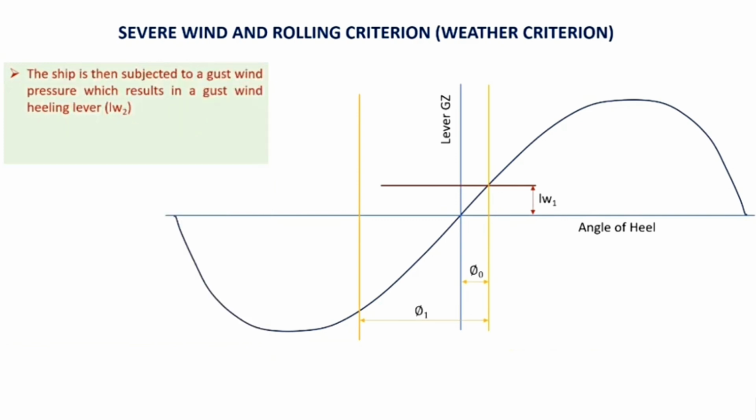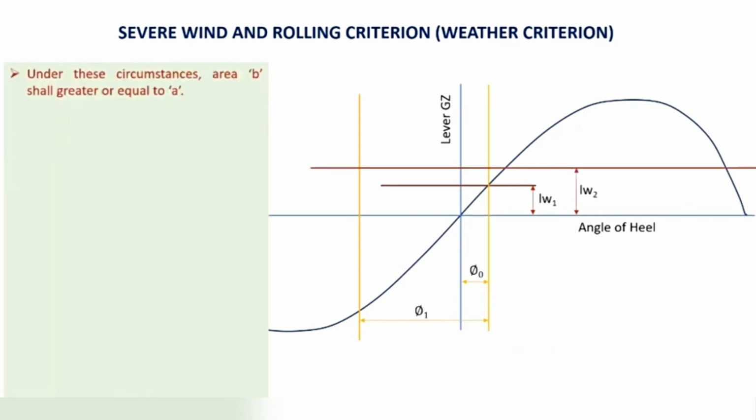The ship is then subjected to, immediately as the wave puts her into the wind, a gust wind pressure, which results in a wind lever LW2, and the convention code wants LW2 to be taken as 1.5 times LW1. So now we mark LW2 on the diagram.